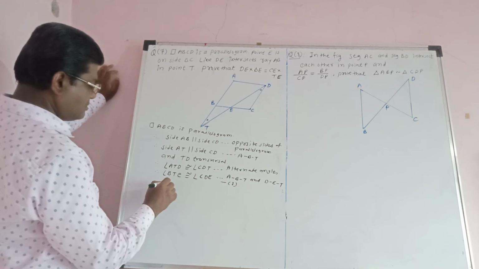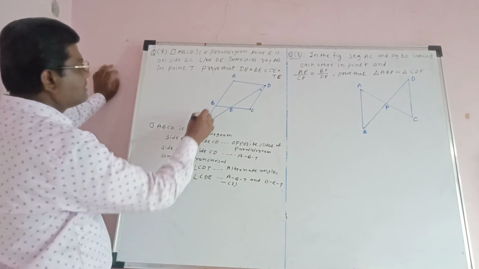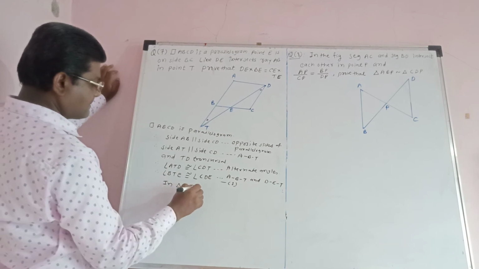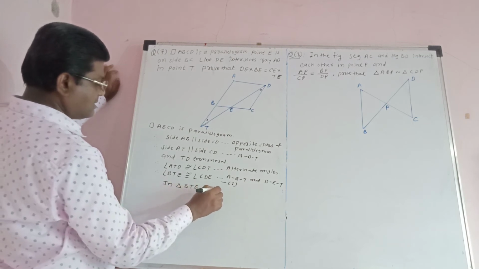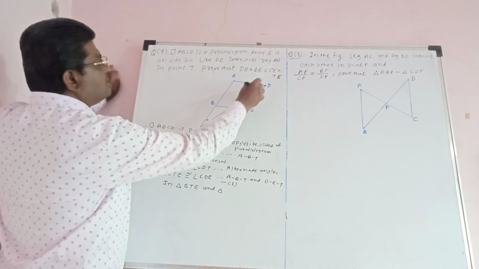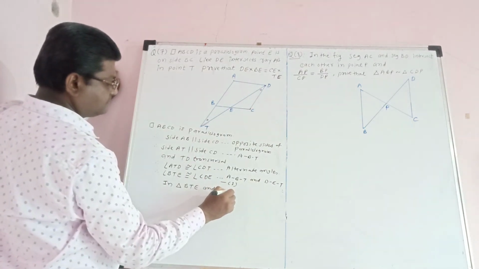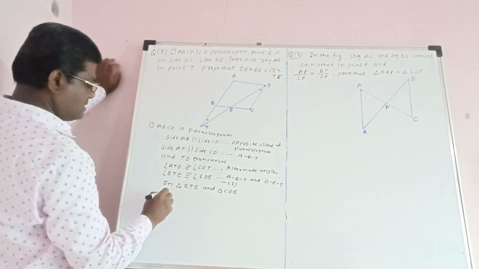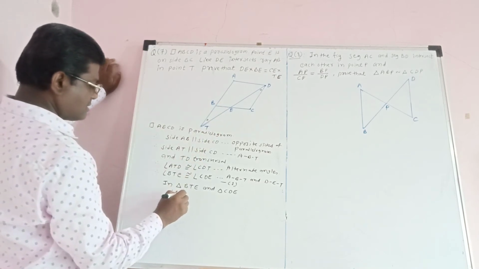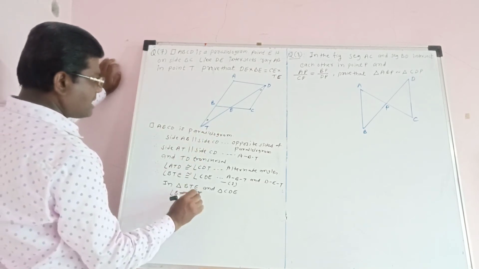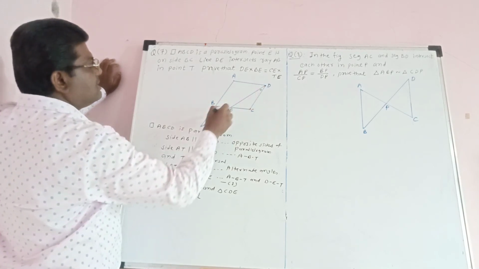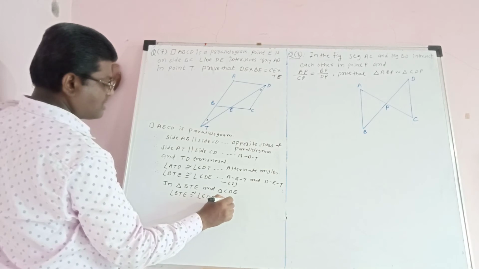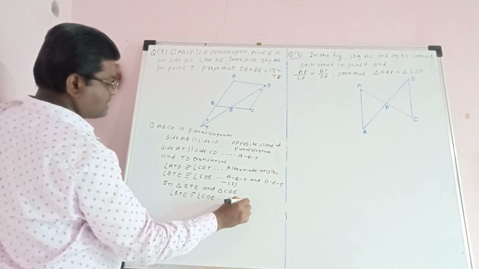Now consider two triangles, triangle BTE and triangle CDE. Angle BTE is congruent to angle CDE from equation number 1.